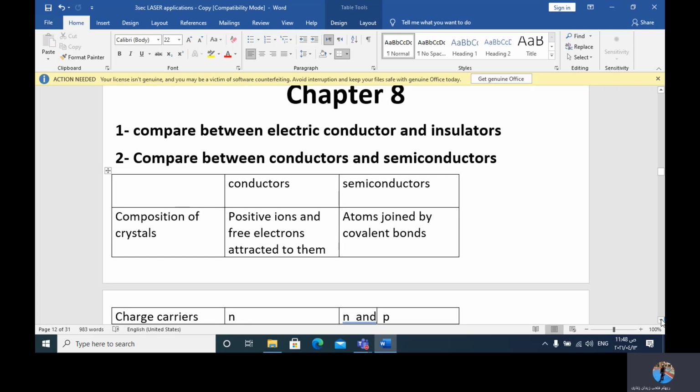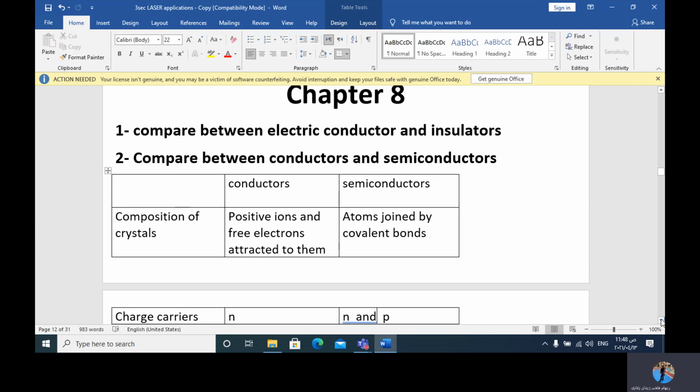So we have conductors and we have insulators. In between, we have some materials that are not conductors and are not insulators. They have characteristics of both of them. They don't fully conduct and they don't fully insulate. So in this case, we call them semiconductors.